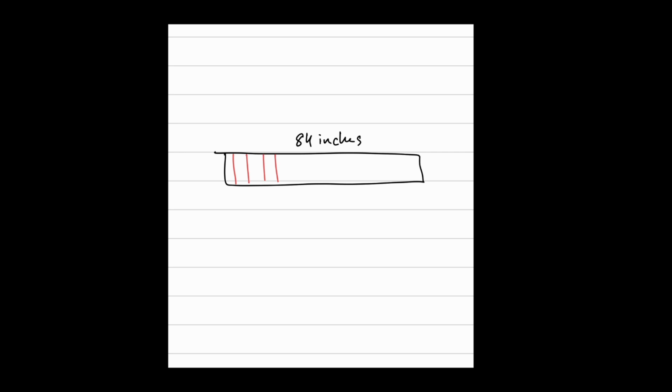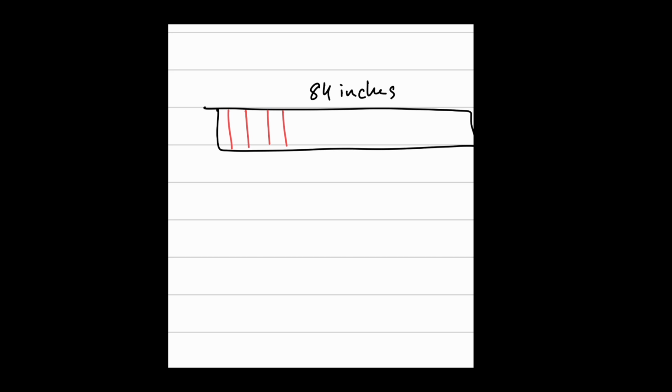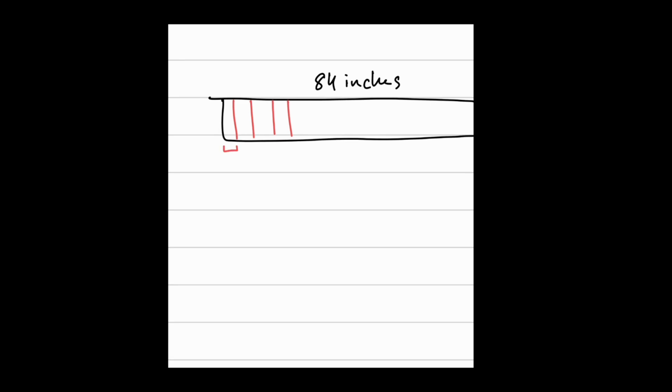We're told that the thickness of each book is between 1.5 and 2.8 inches. So maybe this one is 1.5, this one is 2.0 or whatever, but the thickness is between 1.5 and 2.8. So I can write that. Okay.